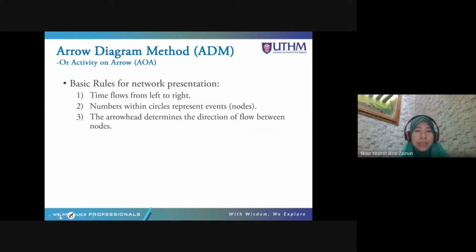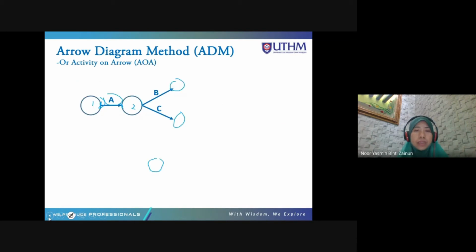The arrowhead determines the direction of flow between nodes, which shows the relationship, the precedence, the successor activity. For example, here A is the predecessor. B and C, the arrow goes there.